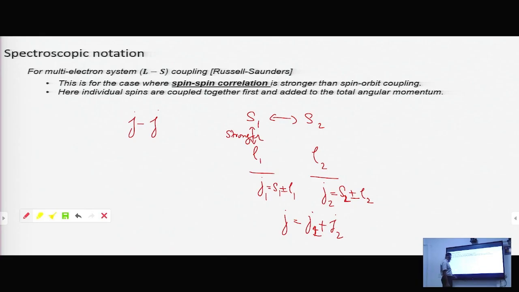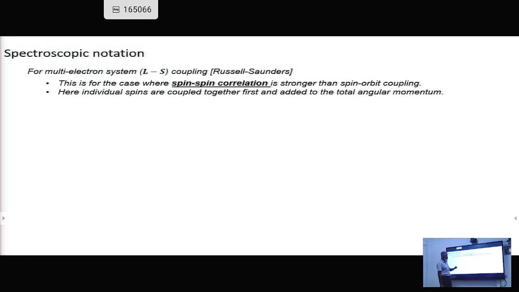But in the previous case, you add all the spins to get the total spin angular momentum, you add the orbital angular momenta, that is L, to get the total orbital angular momentum, and then you combine both L and S and you get the LS coupling scheme. Is that clear? So the condition: if the spin-spin correlation is stronger than spin-orbit coupling, then you use the LS coupling scheme.